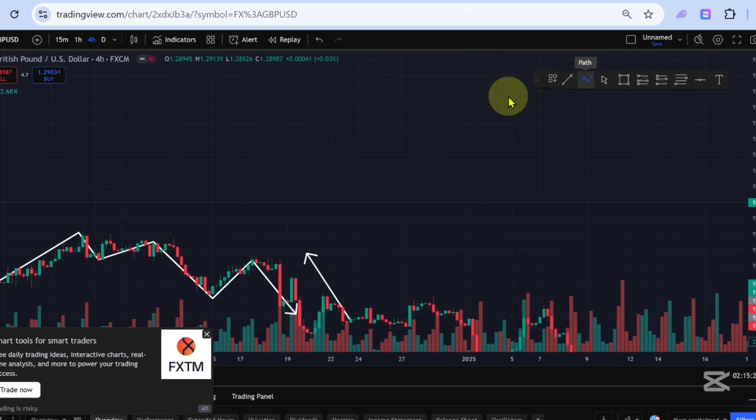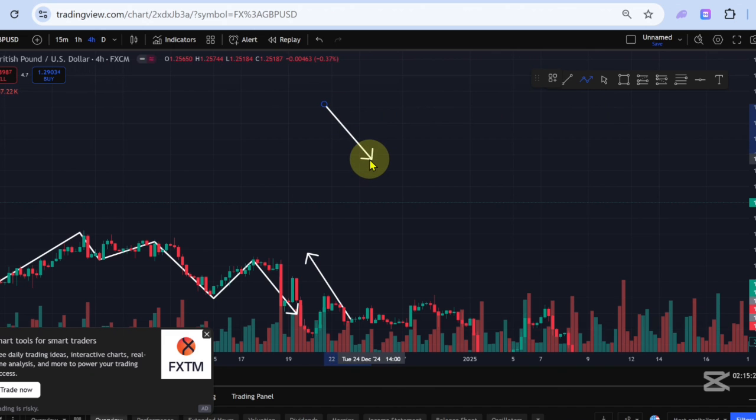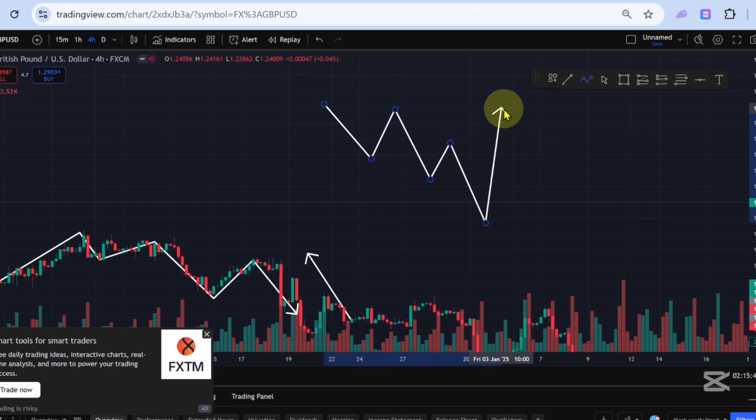So for example, you're in a downtrend and the market is creating a series of higher lows and lower lows. Once the market creates a high which is higher than this particular one right here, it's going to change from a downtrend to an uptrend. So expect the market to tap back into this particular zone and go up.